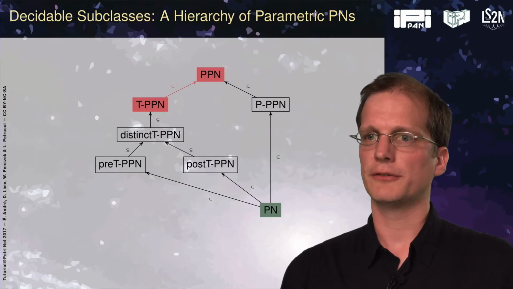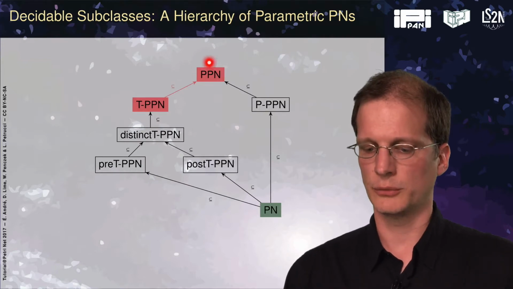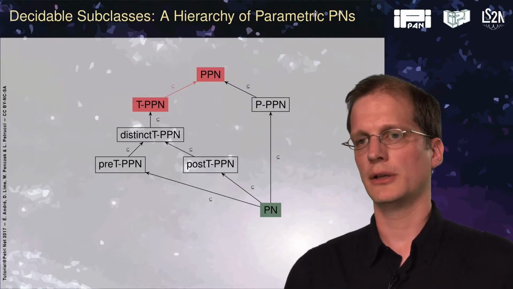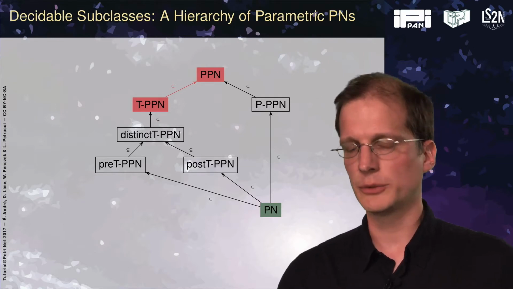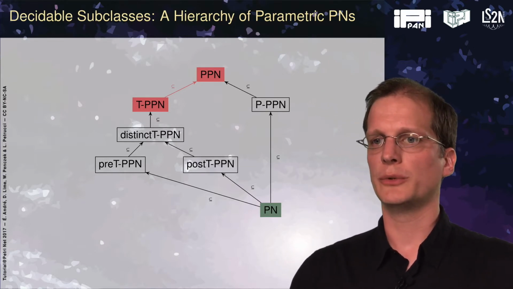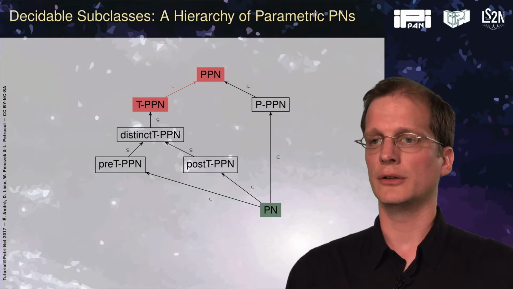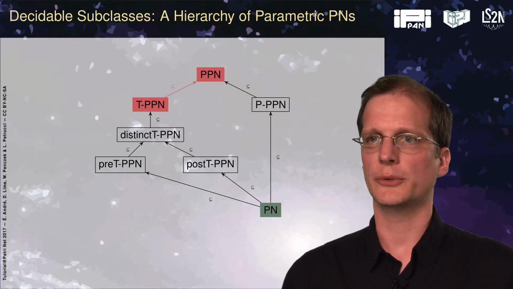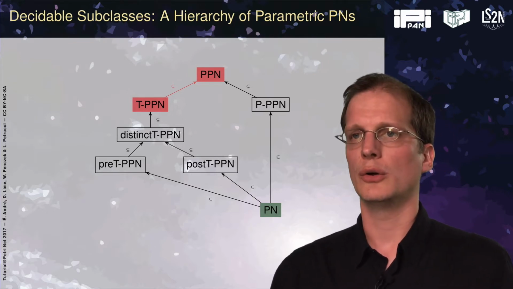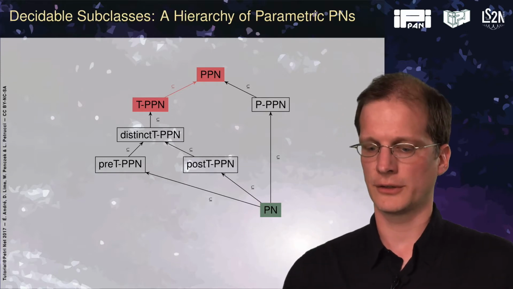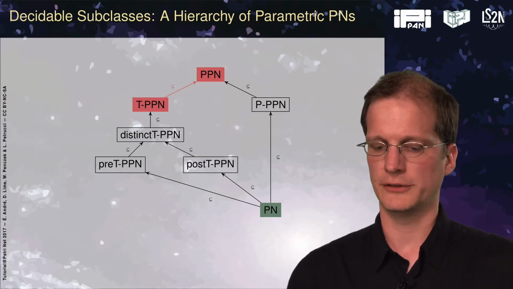So this means that for parametric Petri nets, the most general class here, we have undecidability, and then we can, as usual, when we have undecidability results, split our most general formalism into subclasses and hope to get some decidability.